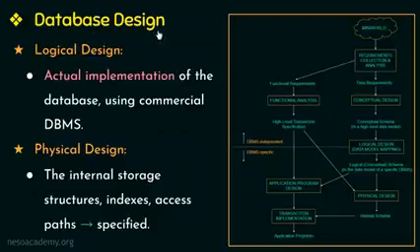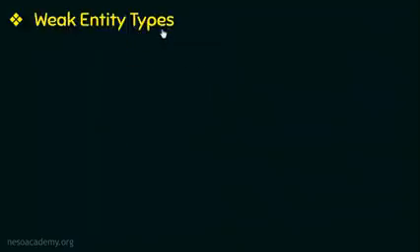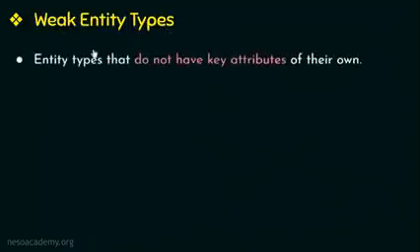Before we see an example of a database application, let us see what weak entity types are. Weak entity types are entity types that do not have key attributes of their own. In contrast to this, the entity types that have their own key attributes are called strong entity types.